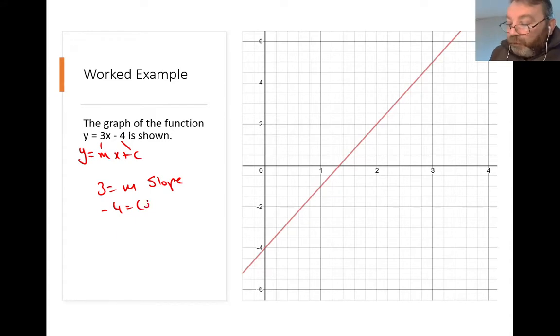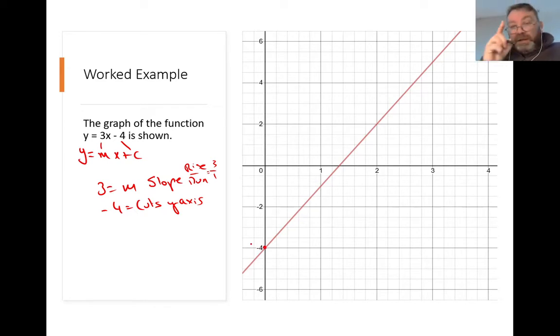Now look at this for a nice way to put them together. If it's going to cut the y-axis at minus 4, and the slope is 3, don't forget what the slope is. The slope is the rise over the run, okay? Which means really that we can say it's 3 over 1. So what I could say here is this. If it cuts the y-axis at minus 4, then all I need is one more point in order to show me what direction this line is going to lie in.